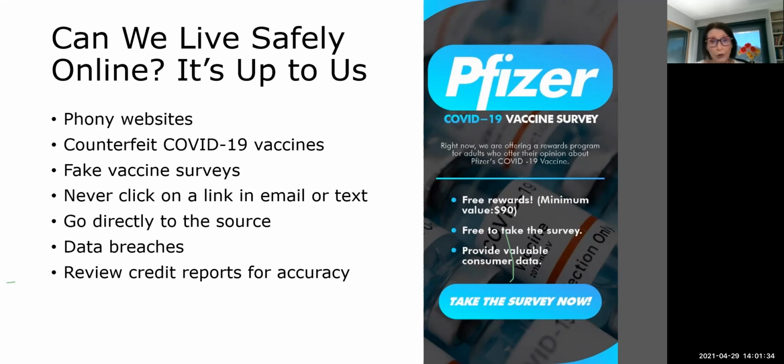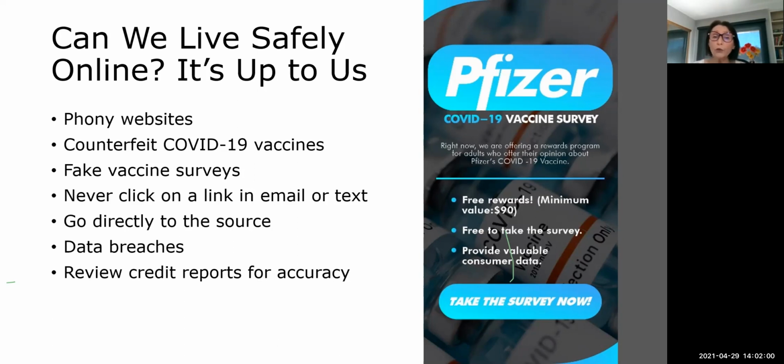And there are data breaches. So a hacker will get into a healthcare organization's database or a company's database where your information resides. And they will have access to your information, your social security number, maybe your credit card information, whatever that is. So you need to be really, really cautious about protecting your identity.